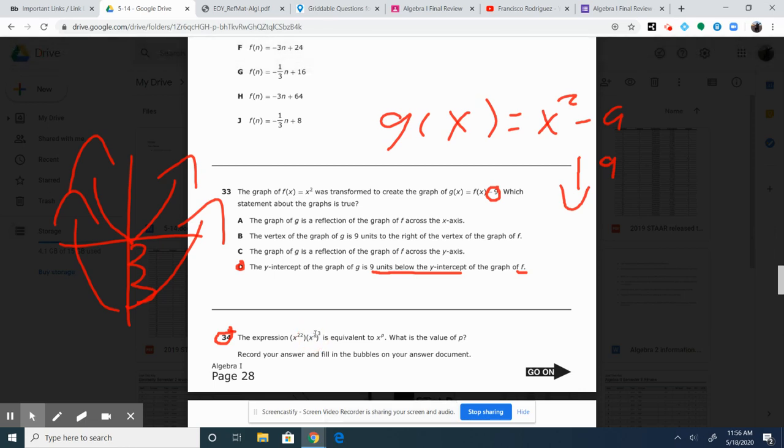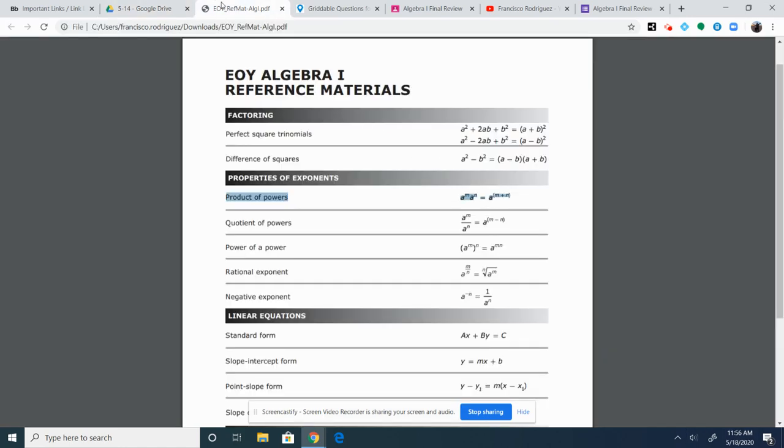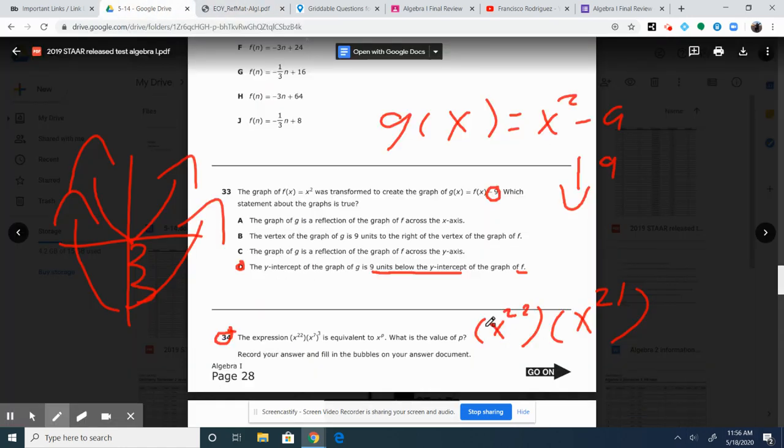That means we're going to multiply 7 and 3 because we're raising x to the power of 7 by 3. So 7 times 3 means we're going to have x to the power of 22, and then 7 times 3, which is x to the power of 21. Now we're going to use our product of powers, which means that if we have the same base, so in this case the base is x, that means that we are going to add the exponents.